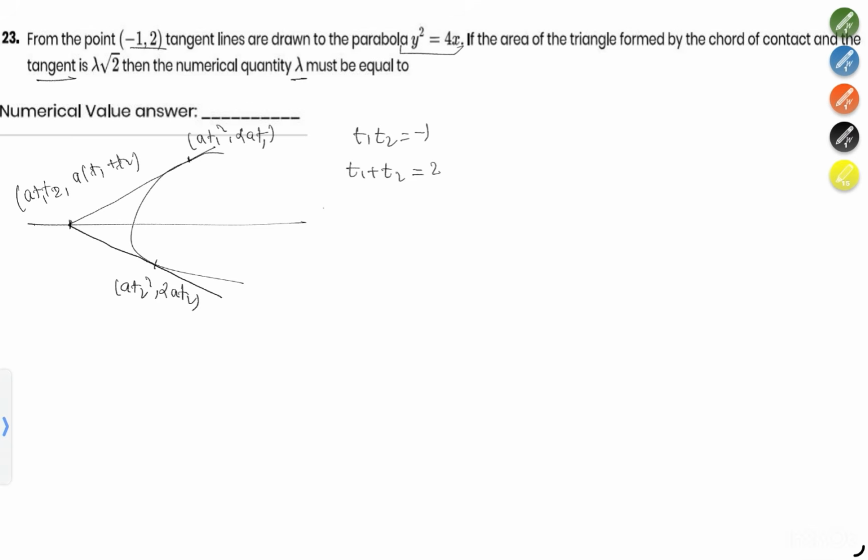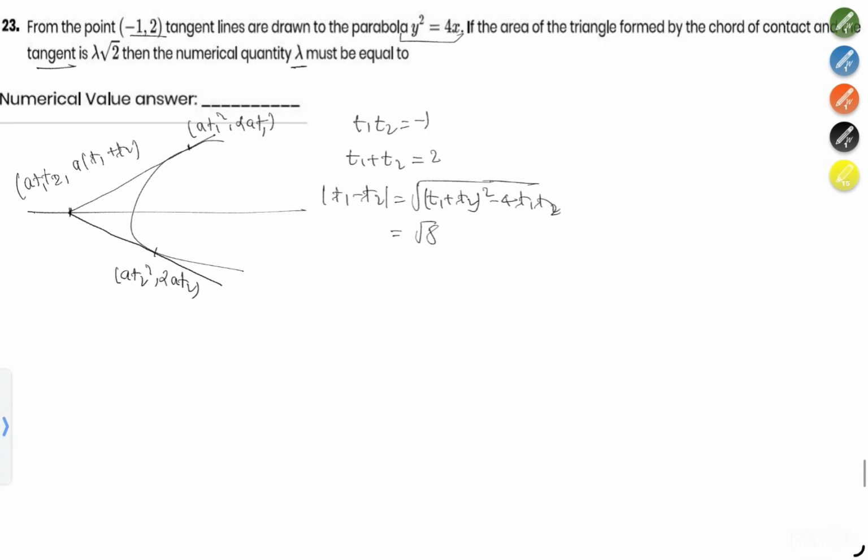So from here we can find mod of t1 minus t2 as well, which is the square root of (t1 + t2) whole square minus 4 t1 t2, which is square root of 8. These conditions we will get.